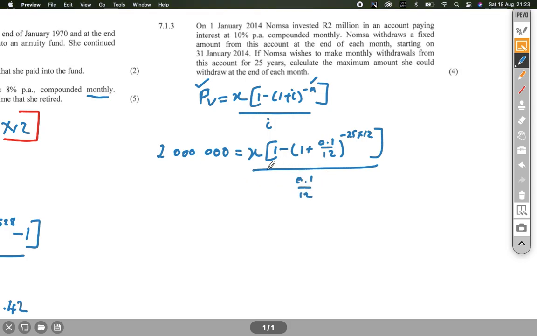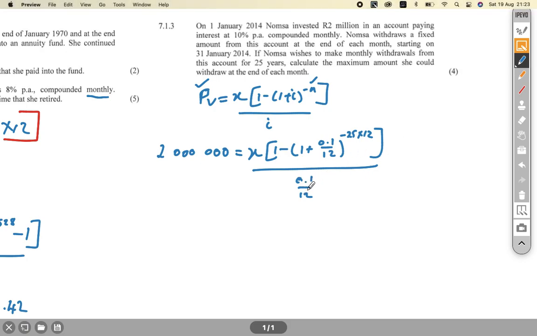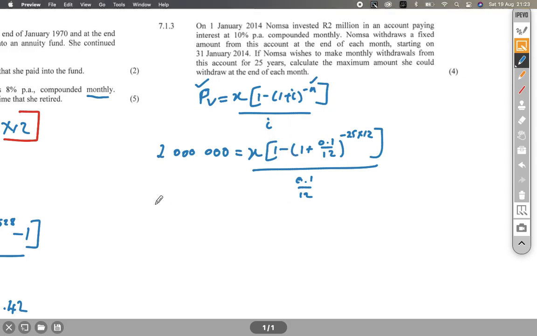Then you cross multiply by 0.1 divided by 12, and then divide by the square bracket.